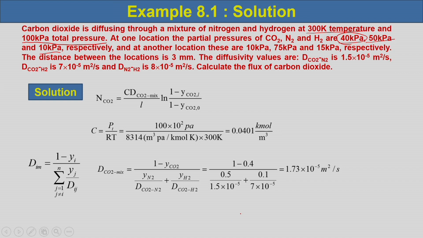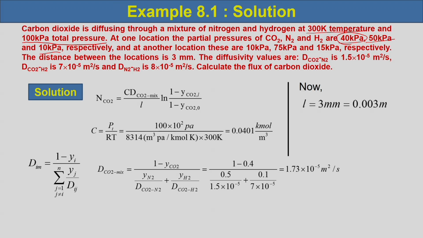The diffusivity of CO2-nitrogen is 1.5 × 10^-5 meter square per second, and the diffusivity of CO2-hydrogen is 7 × 10^-5 meter square per second. If we substitute these values, we will get D_CO2,mixture equal to 1.73 × 10^-5 meter square per second.